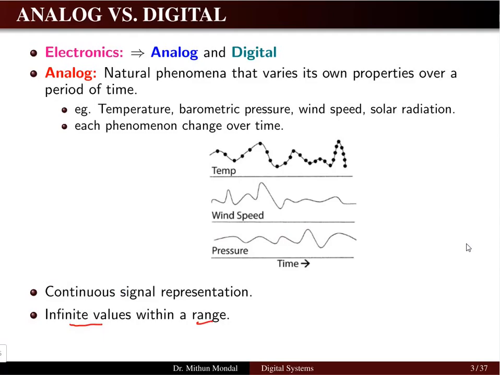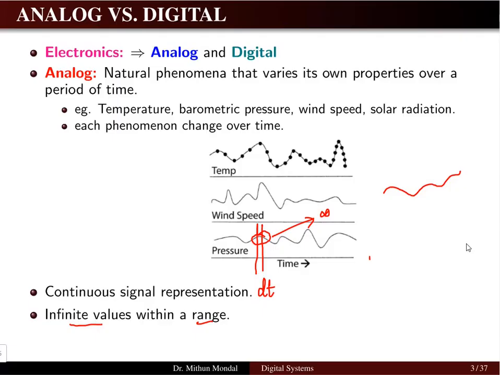For example, if we take a very small duration of time dt, then the number of samples or measurements present will tend to infinity. It means a lot of samples will be there within the time t, so that there is no discontinuity and the measurement is a continuous process.